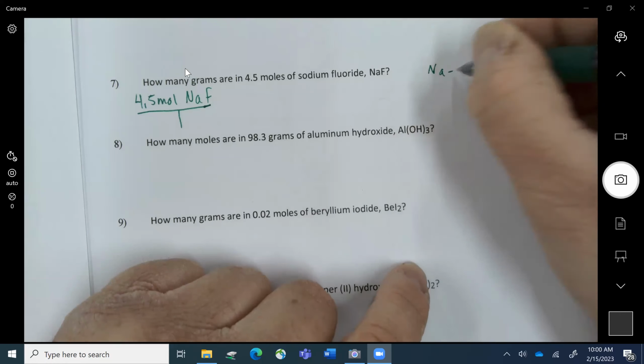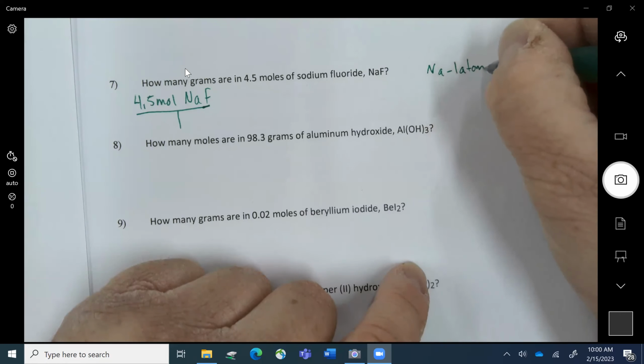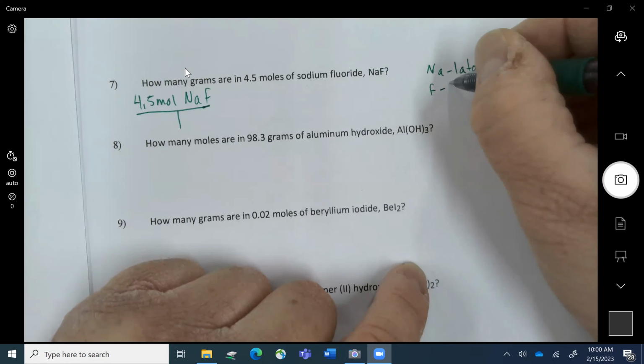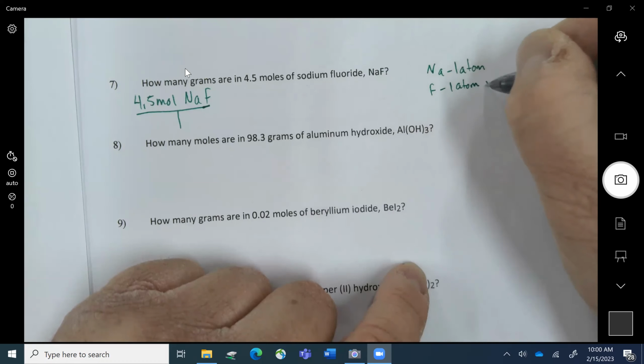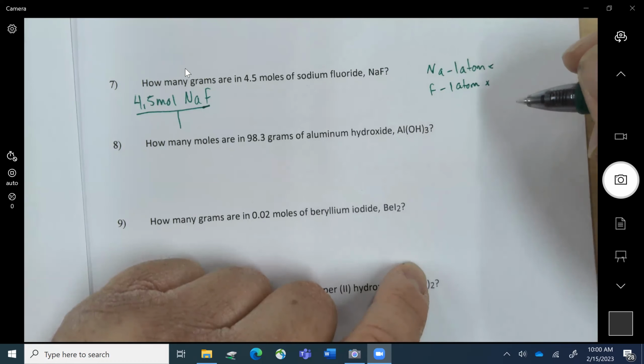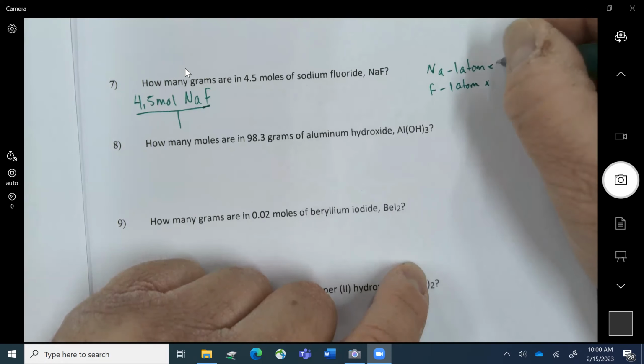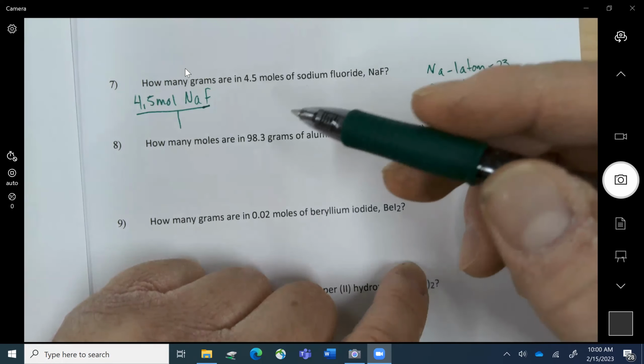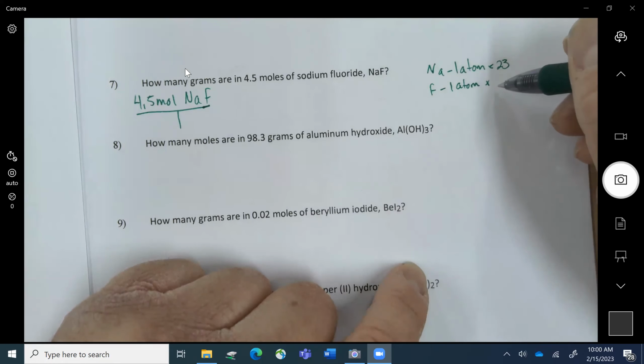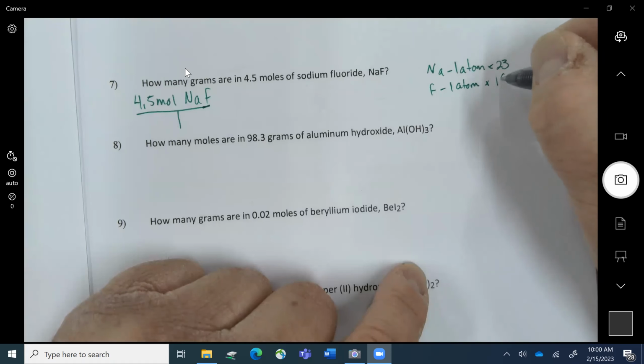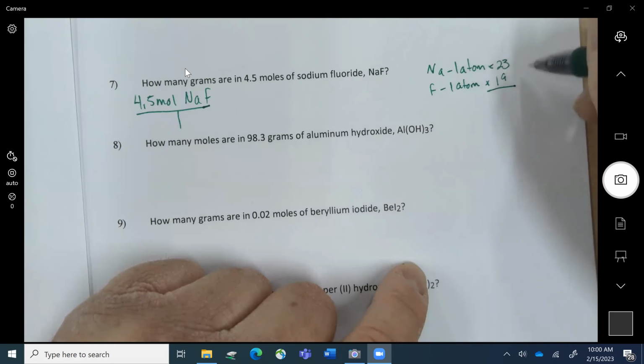So Na equals 1 atom, F equals 1 atom. Sodium is 23, I think. And fluoride is fluorine. It's 19. Being there's only one, I'm going to just add them up.